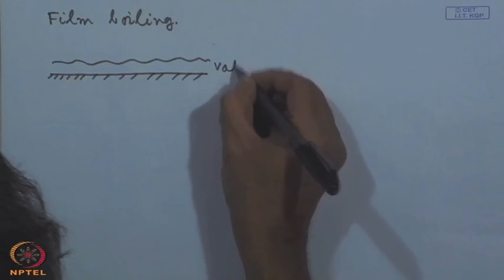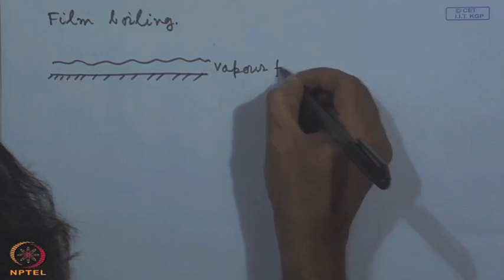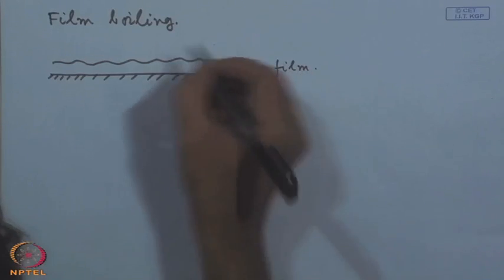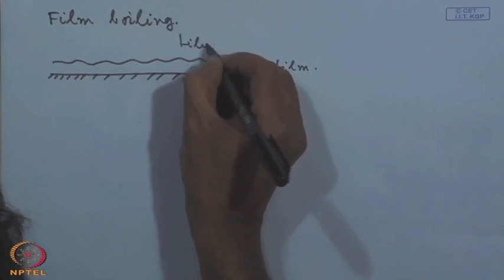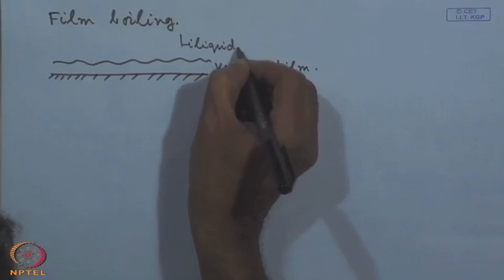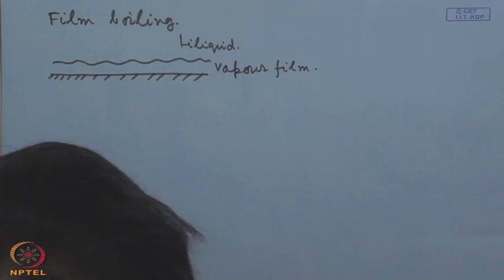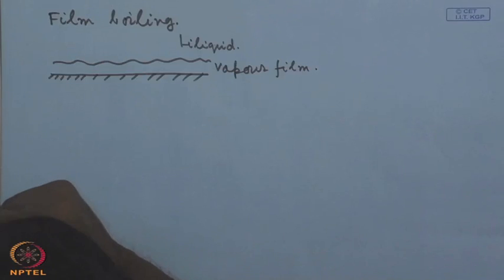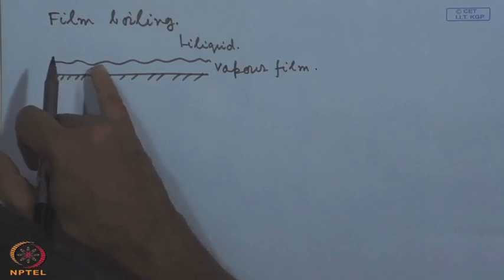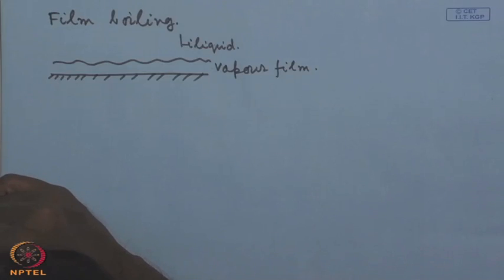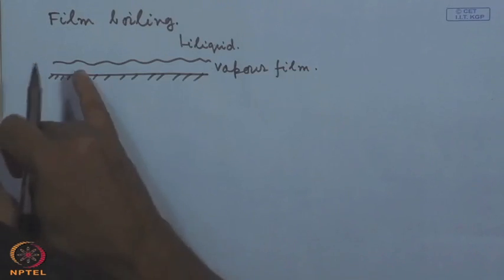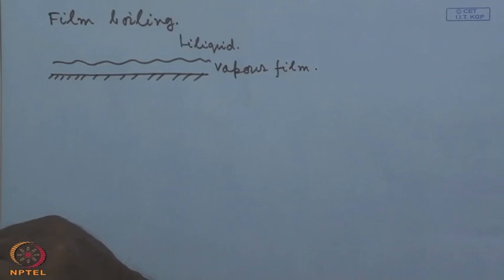So, this is your vapor film, and at the top of it we have got the liquid. Obviously, the vapor film, as it is having lower conductivity and it is some sort of a vapor, will act as some sort of insulating layer, and the rate of heat transfer will be much lower compared to nucleate boiling.